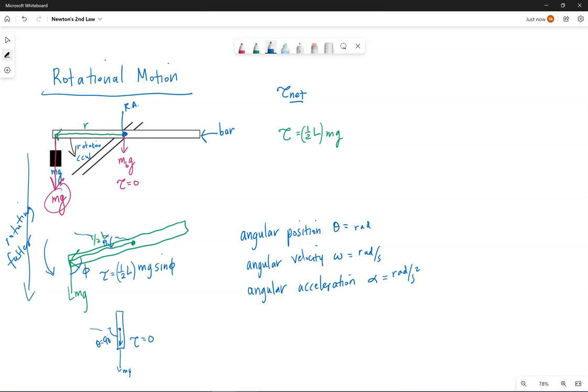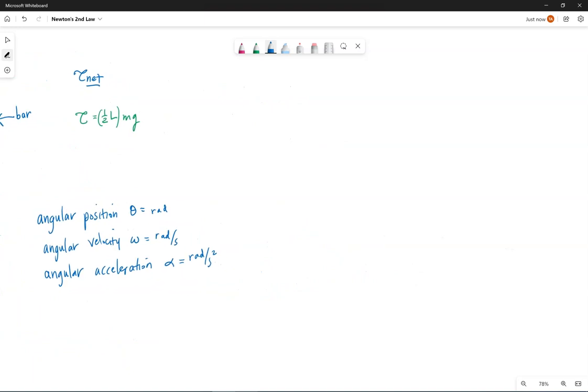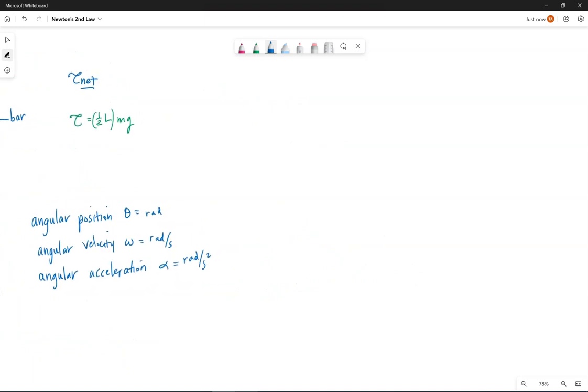Okay, let's relate torque in general to our acceleration. The net torque on an object.